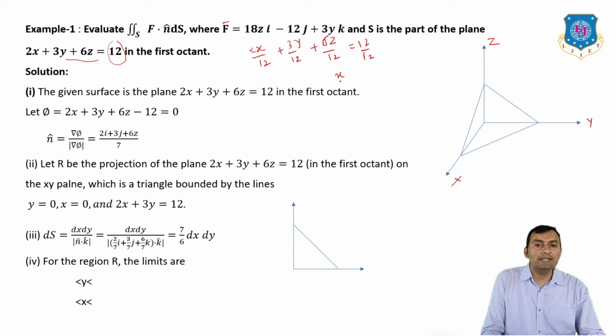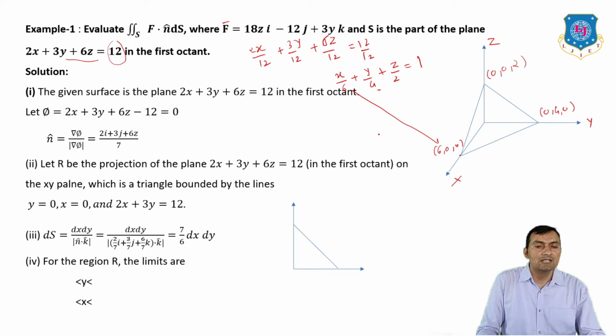So here you can notice that x divided by 6 plus y divided by 4 plus z divided by 2 equal to 1. So the x coordinate will be 6, 0, 0, the y coordinate is 0, 4, 0, and the z coordinate is 0, 0, 2. So this is our figure.